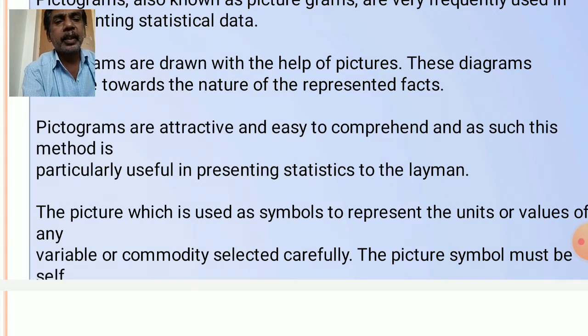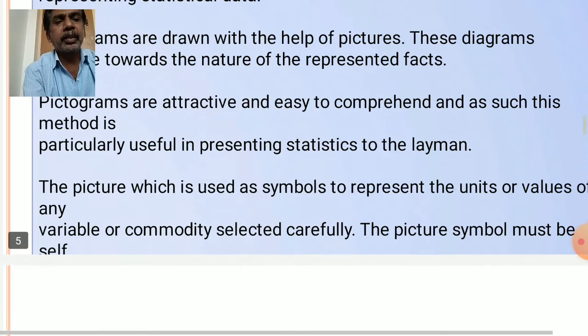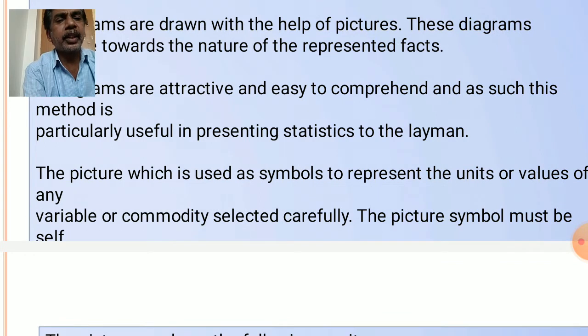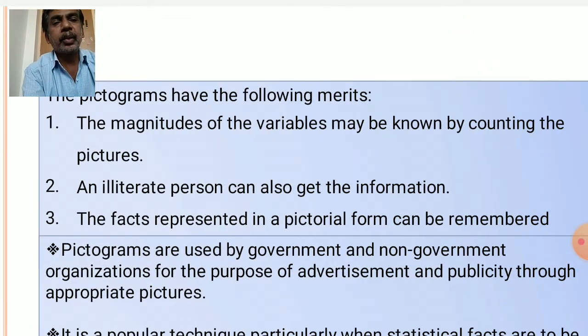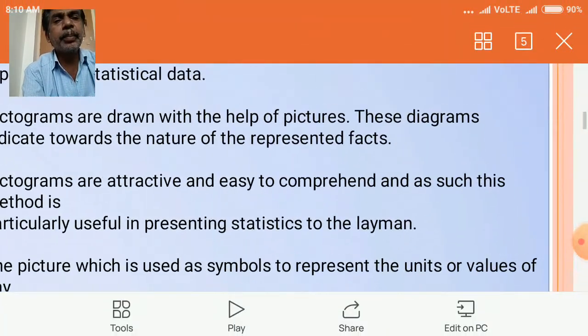Each variable or commodity must be selected carefully, and the picture symbol must be self-explanatory.